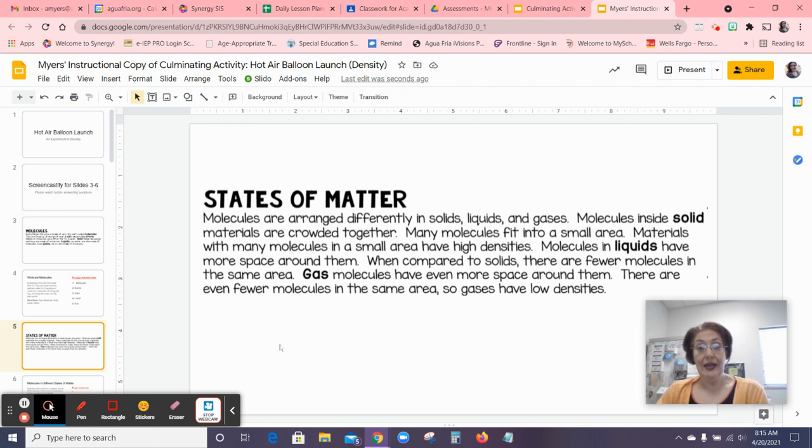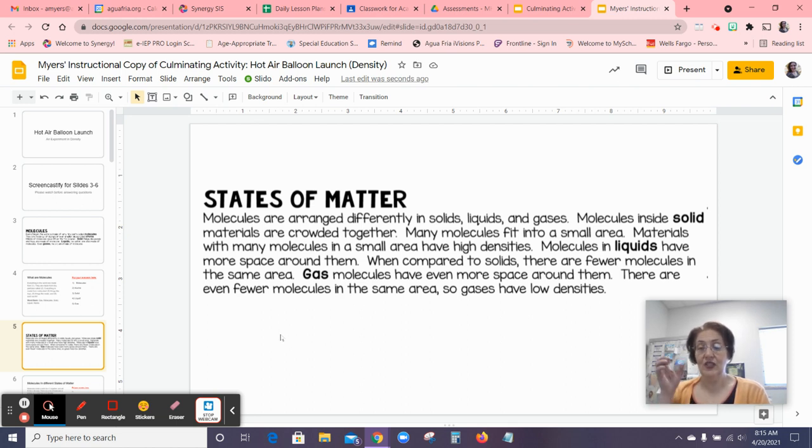Molecules in liquids have more space around them. When compared to solids, there are fewer molecules in the same area. Gas molecules have even more space around them. There are even fewer molecules in the same area, so gases have low densities. And we'll talk about what density is in a few minutes.